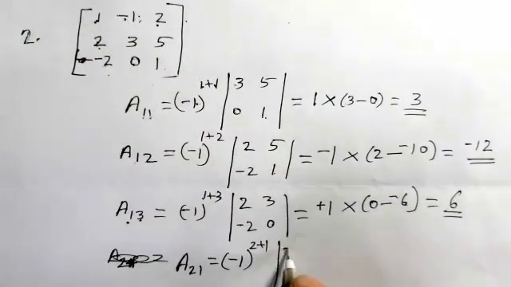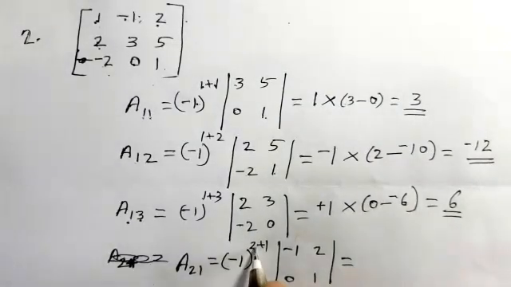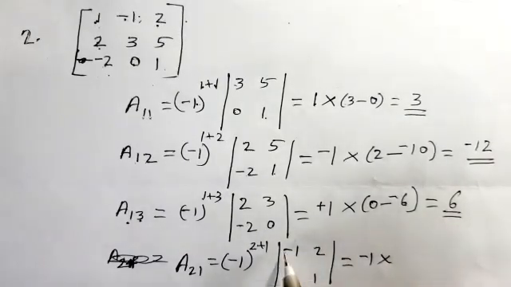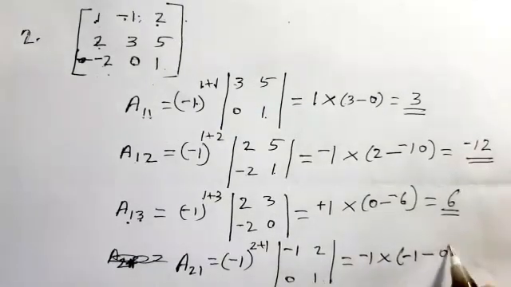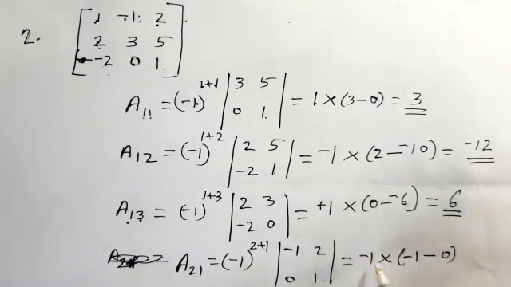So minus 1 2 and 0 1, which is equal to here 3. 3 is an odd number, so negative will be there. Minus 1 into 1 minus 1, then 0 into minus 2, 0. So here minus 1 into minus 1, plus 1 is the answer.